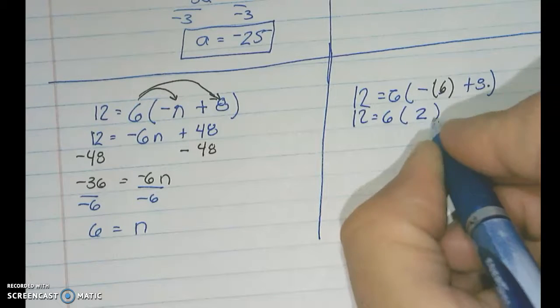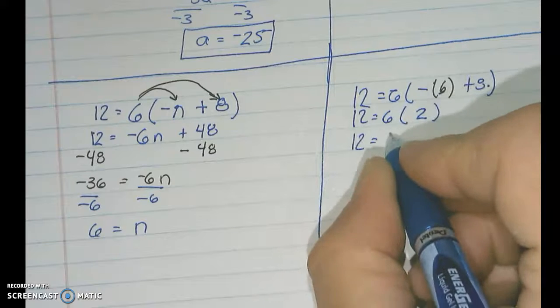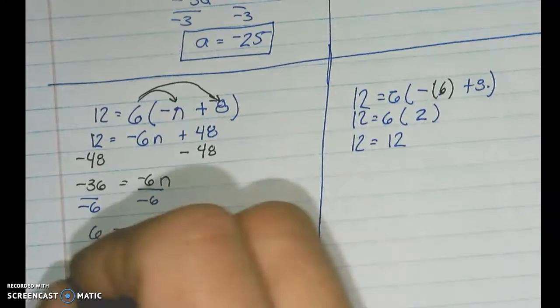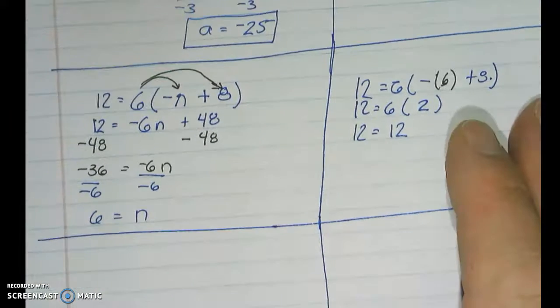That's right, 2. 6 times 2 is, excellent. Does 12 equal 12? So I know that I am golden, okay?